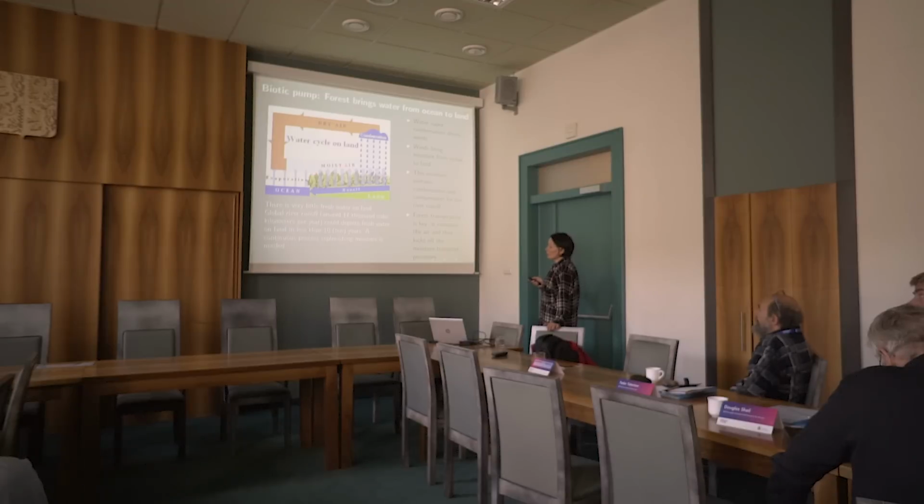If we destroy the forest, we won't have this incoming moisture, and the land will desertify. So this is the core of the biotic pump concept, this statement about the impact of forests on the incoming moisture.